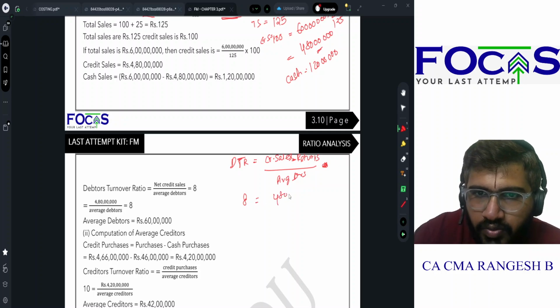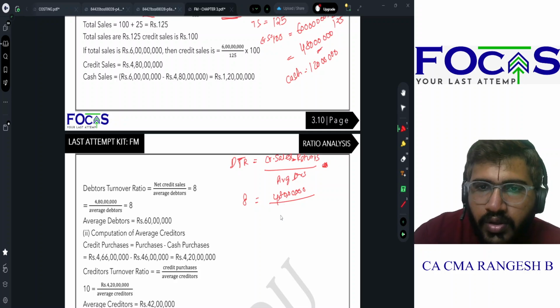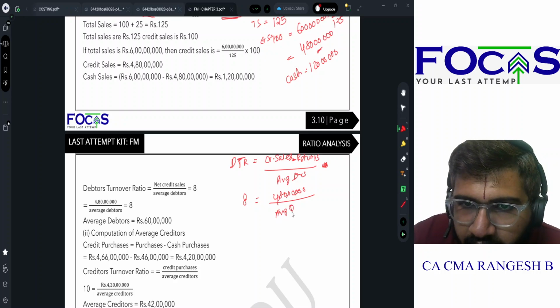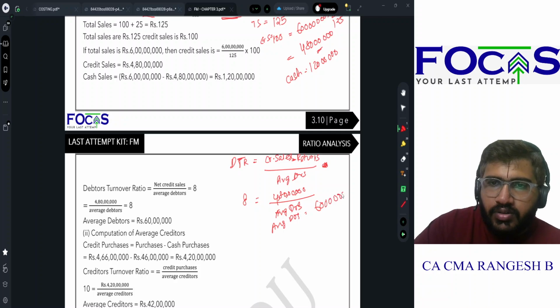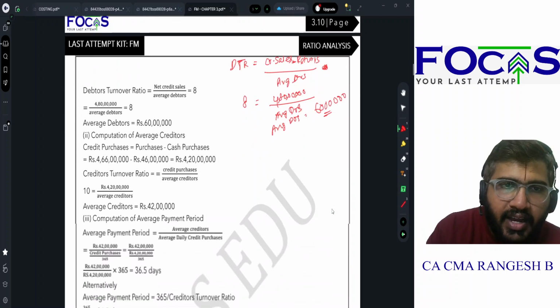Credit sales is how much? 4.8 crores, divided by average debtors. Correct? இதுக்கு நான் செக் பண்ணிட்டேன். So average debtors will be 4.8 crores divided by 8, 60 lakhs. So இதுவும் calculate பண்ணியாச்சு. Next average creditors.